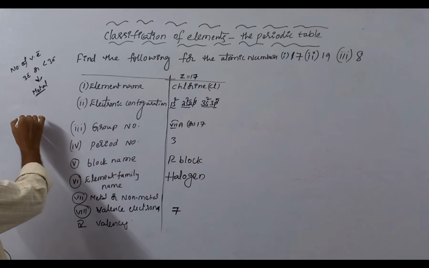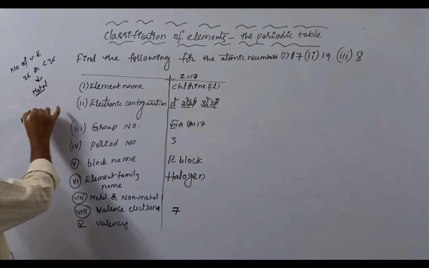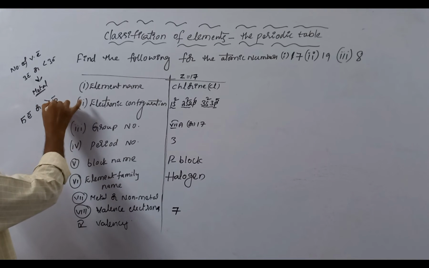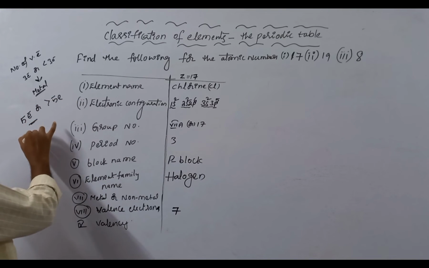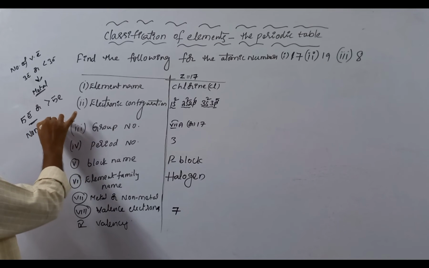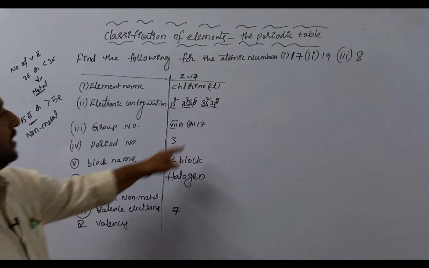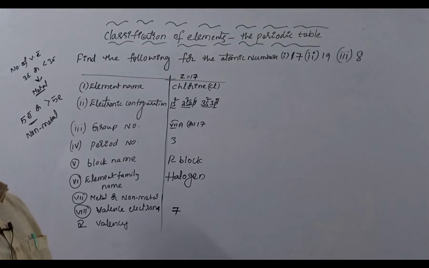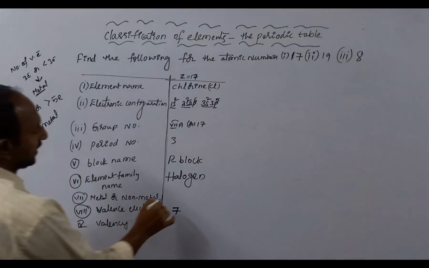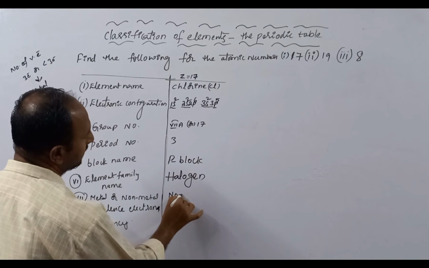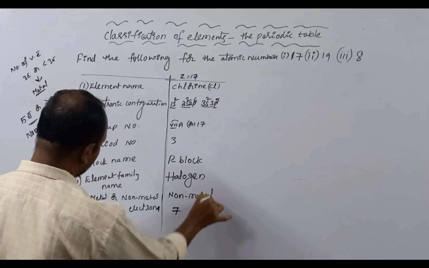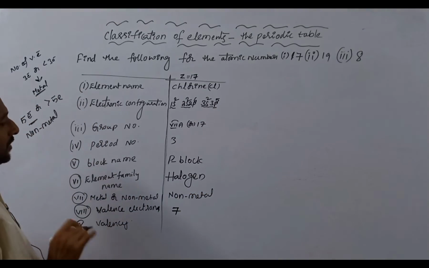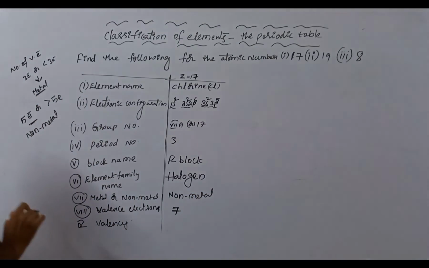When the number of valence electrons is 5 or greater than 5, it can be identified as a non-metal. So 7 valence electrons is more than 5. Chlorine is a non-metal.